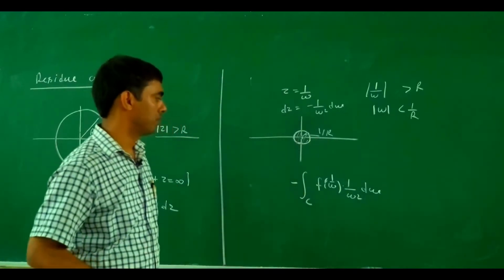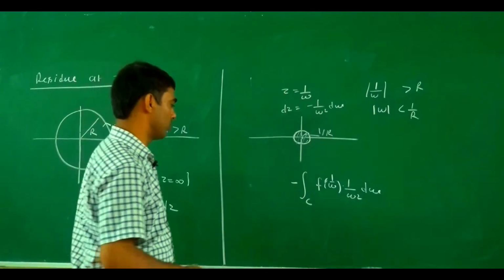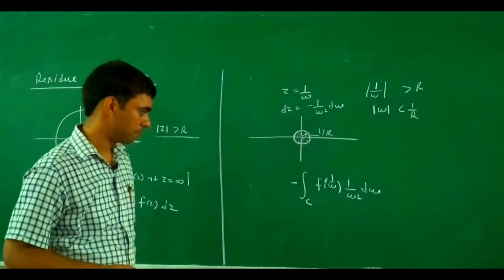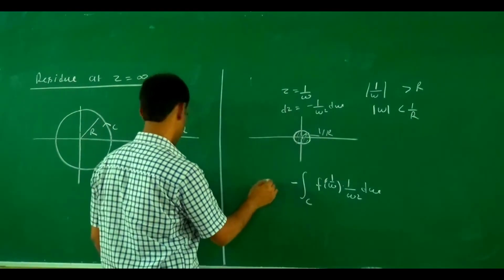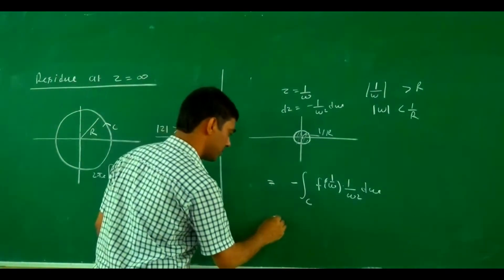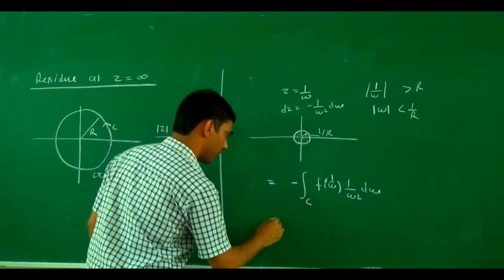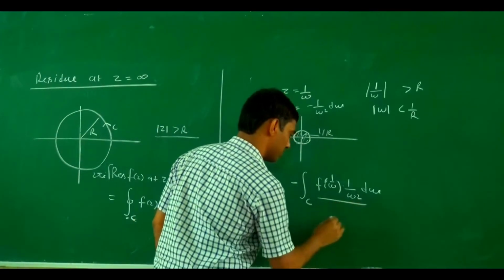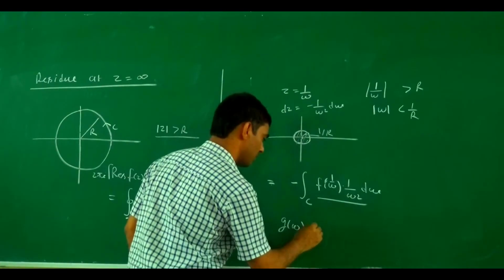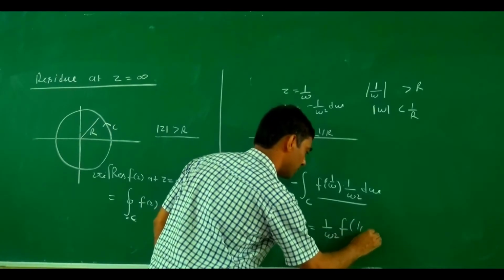This equals 2 pi i times the residue at z equal infinity. Suppose we denote this by g(w). Here we assume g(w) equals 1 upon w square f(1 upon w).